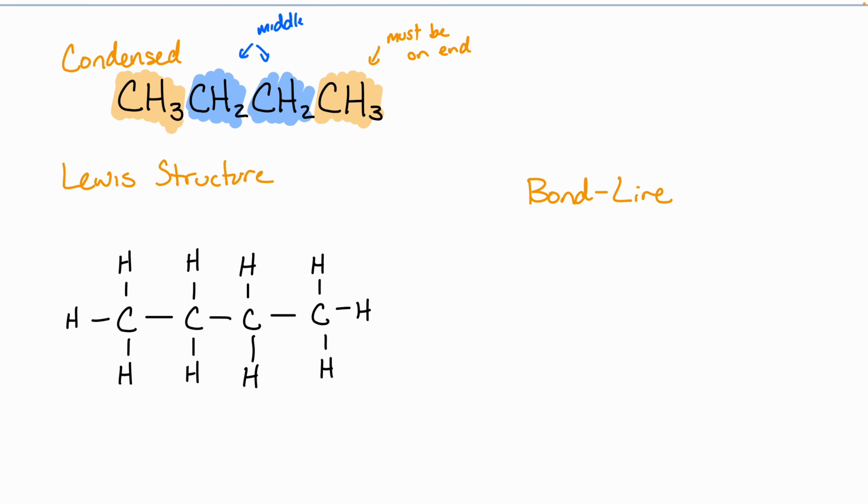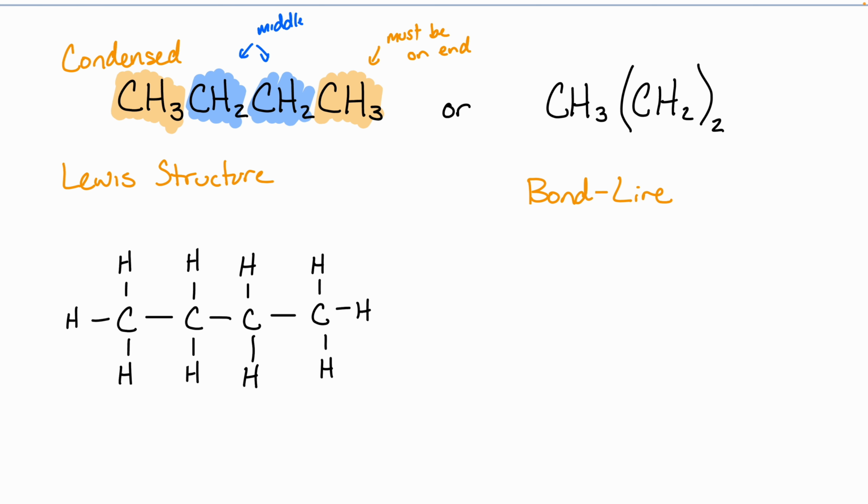All right. I'm going to show you another condensed formula that we could use for this structure that's even more condensed than this one. So this one's perfectly acceptable, but we could even shorten this more by writing CH3, and then in parentheses, CH2, and then put a 2 on the outside.